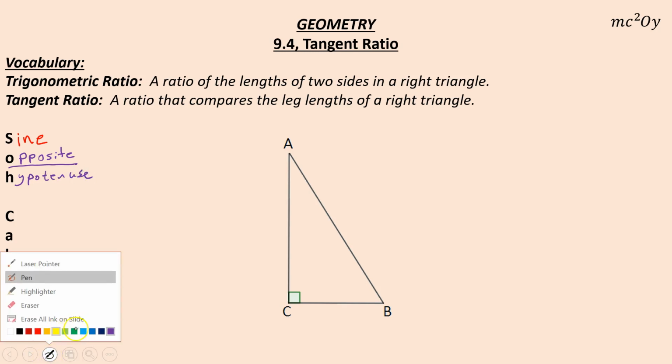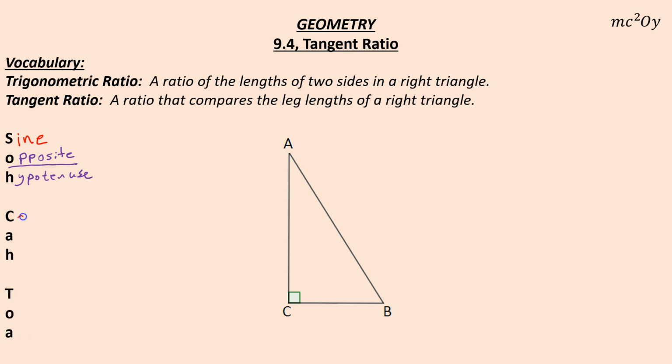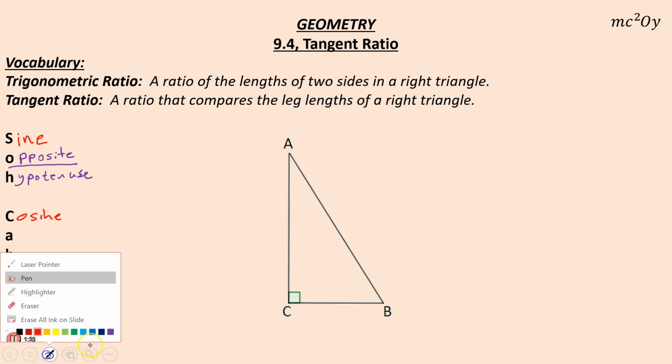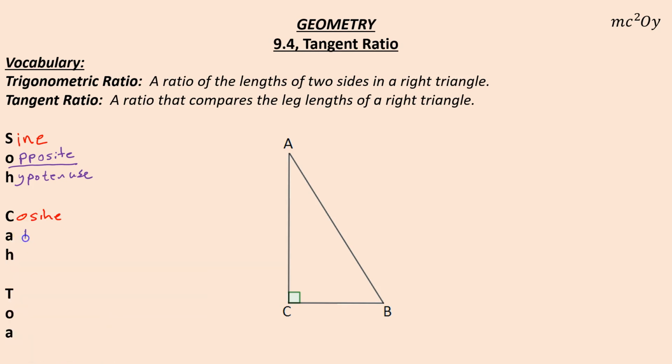Okay, when you're dealing with CA, that means cosine is equal to the adjacent side over the hypotenuse.